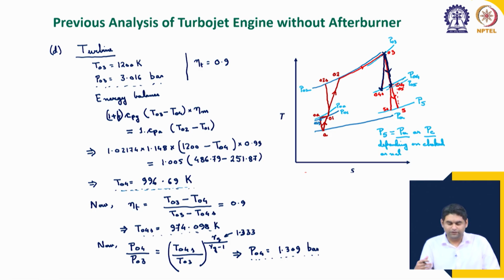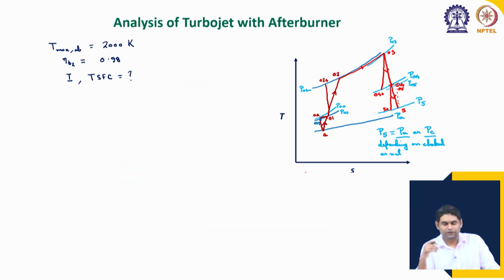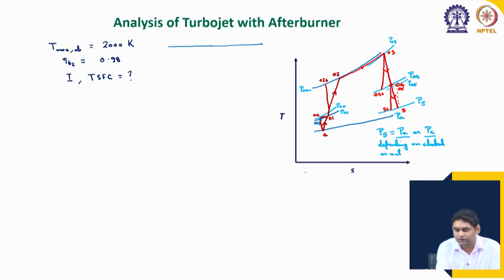From this 996.69 Kelvin, the afterburner takes the combustion products to 2000 Kelvin and then they are expanded in a nozzle. If we draw the schematic quickly, just for reference, we will draw something like we did in the previous class.